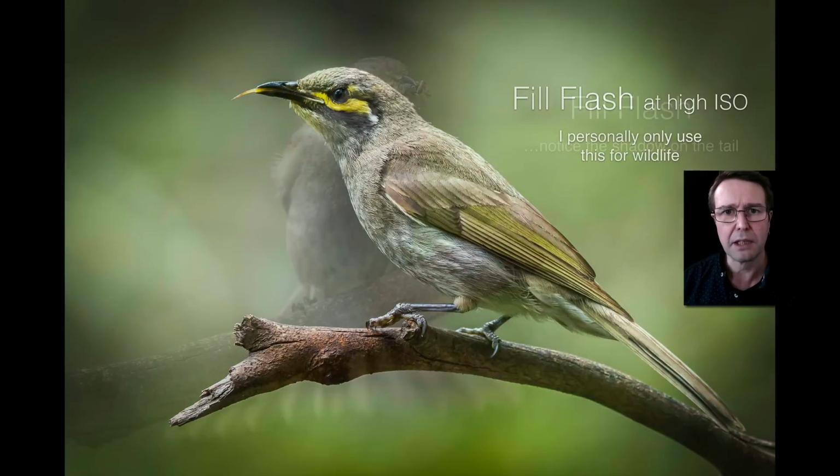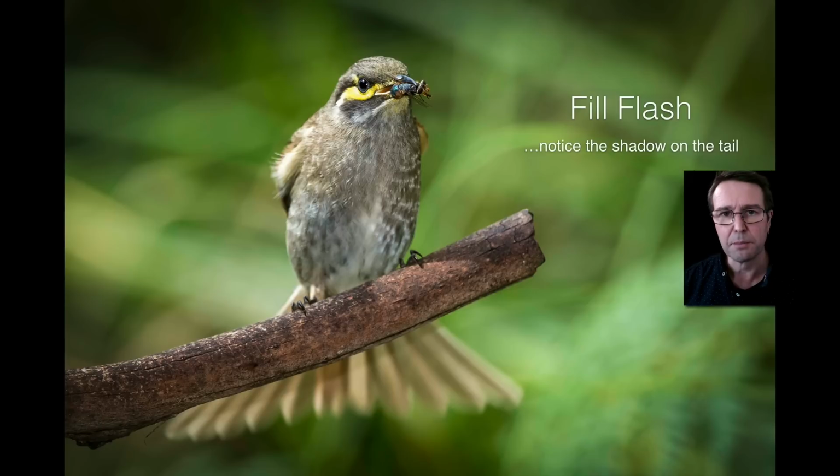You can actually pick it up in the next shot because of the branch the bird is sitting on, and you can see the secondary shadow from that flash just hitting the tail underneath that branch, and you can also see the catch light of the flash in the bird's eye there.